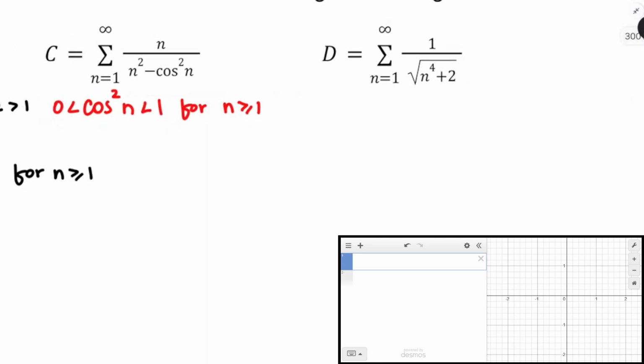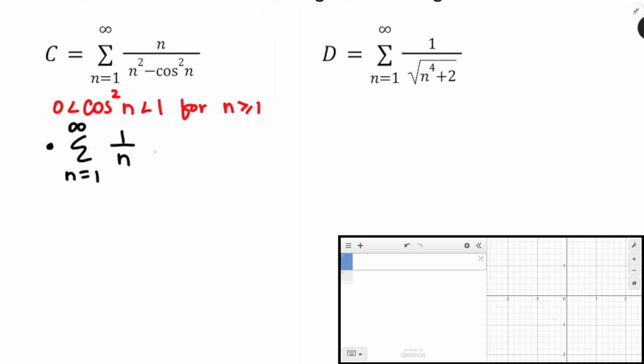Let's see, I guess I'm going to compare it to the harmonic series, because I think that's the thing to do. And typically when you're doing direct comparison and you see trig, you're kind of just ignoring the trig. So n over n squared is equivalent to 1 over n.